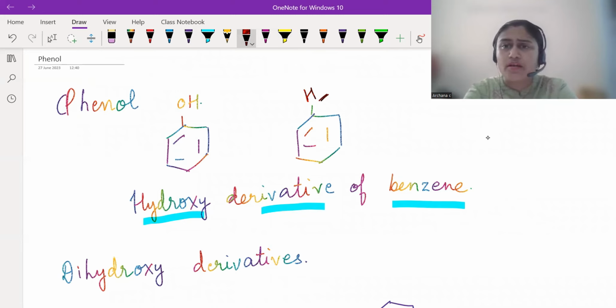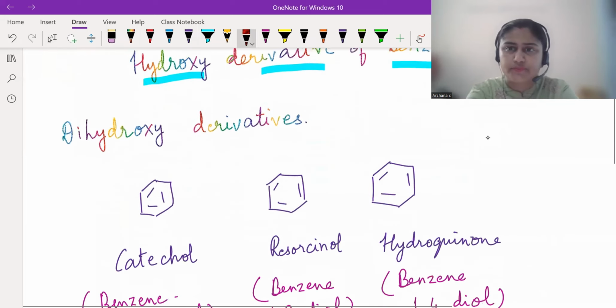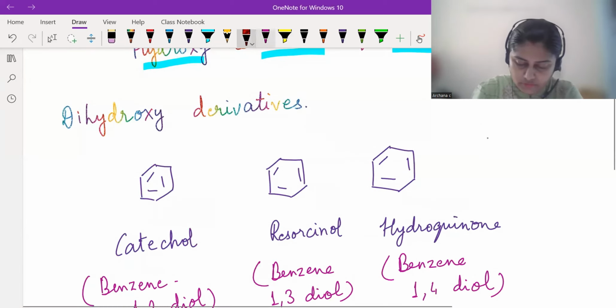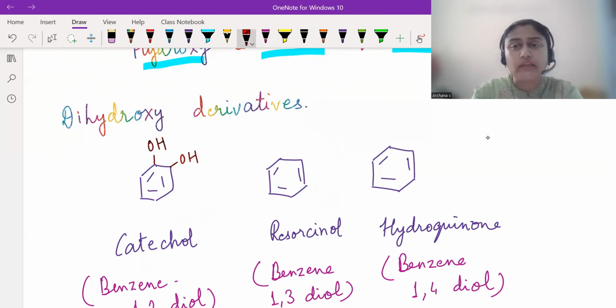We can have a single OH group attached to the benzene ring, or we can have dihydroxy derivatives like catechol, which has one hydroxy group attached to benzene at position 1 and another hydroxy group attached to the benzene ring at position 2.